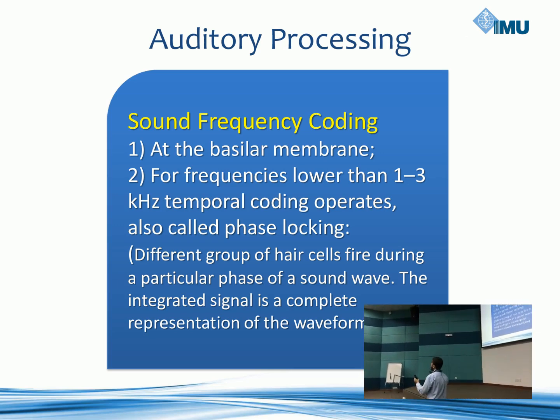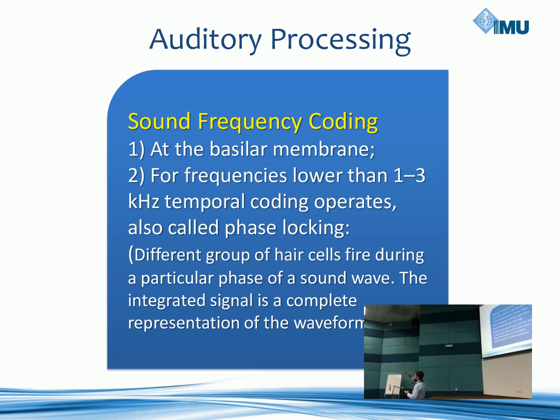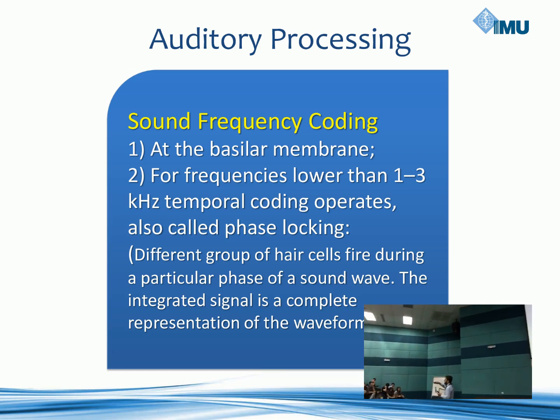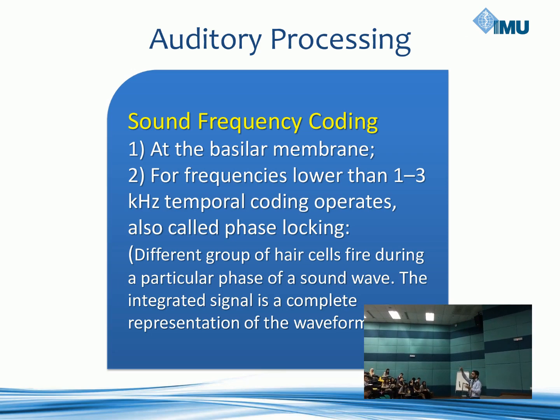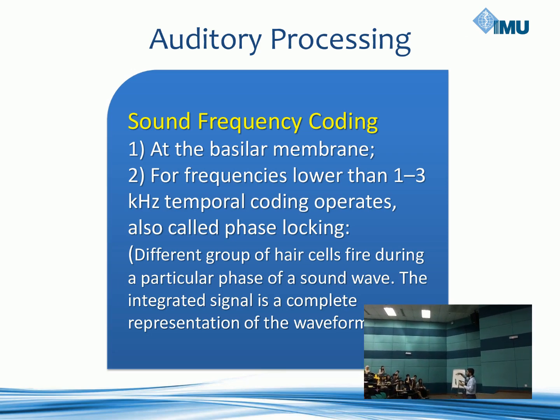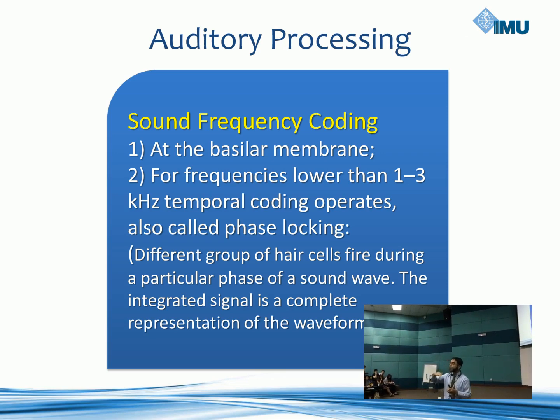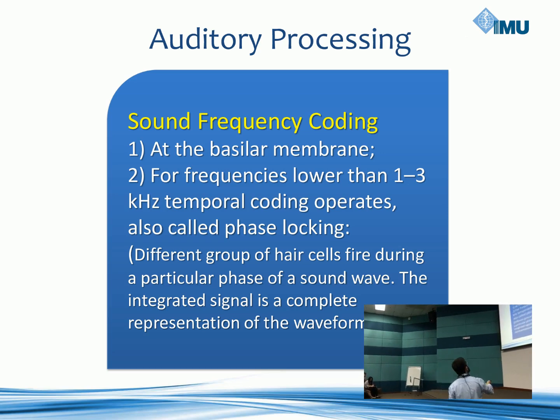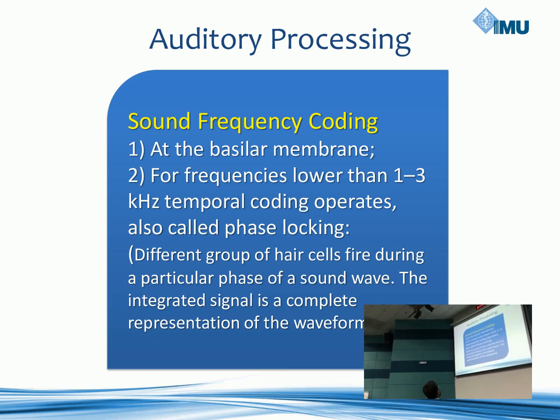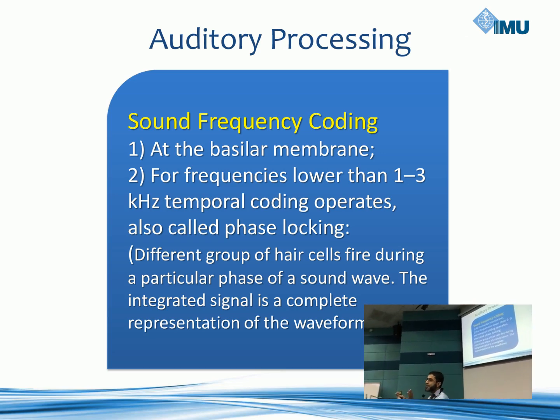If you know, sound waves are basically compression, decompression waves, right? In the media, if you draw them like this, the waves. So there is a compression phase and a decompression phase of the wave. There are certain hair cells for low frequencies, which is from 1 to 3 kilohertz, 1000 to 3000 hertz.